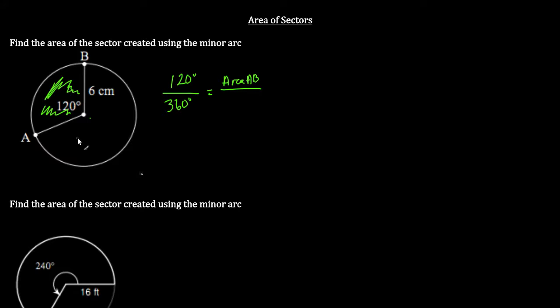The question is, do we know this whole area? No. So how do we get this area? So area for circles is pi r squared.